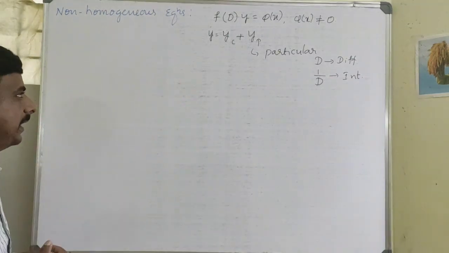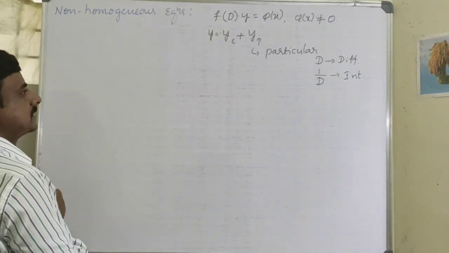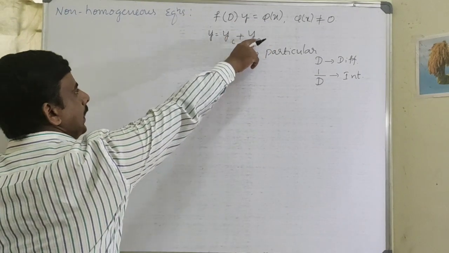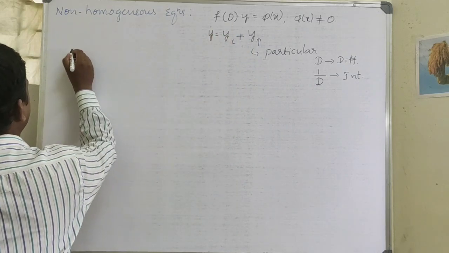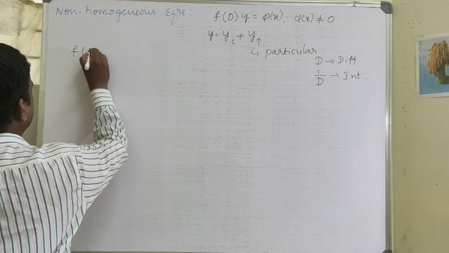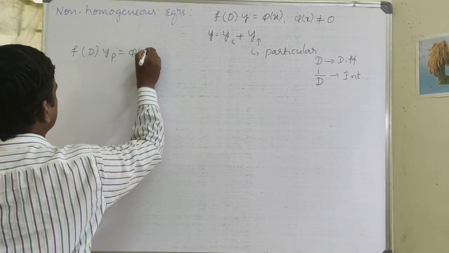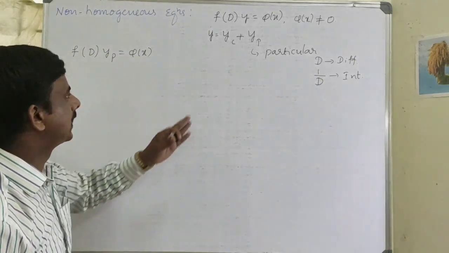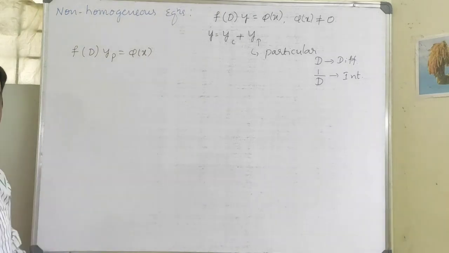Keeping that in mind, I have f of D into y equal to phi of x. Now yp is one of the solutions of this equation. So if I take yp in that, I will get f of D into yp equal to phi of x. Yp is the solution, so it should satisfy this equation. So I must have f of D into yp equal to phi of x.